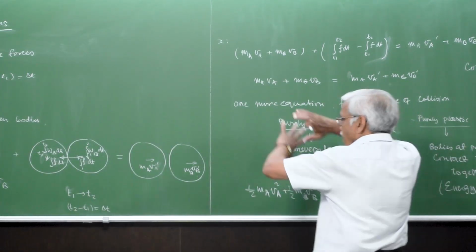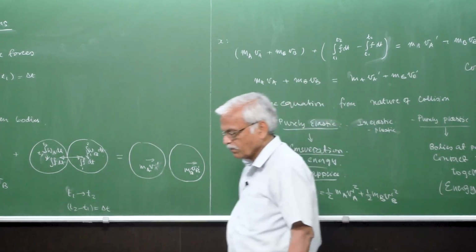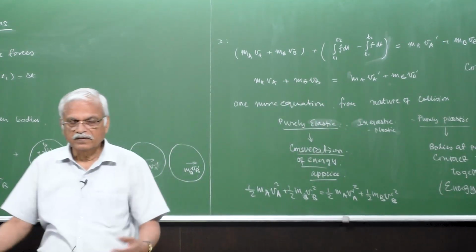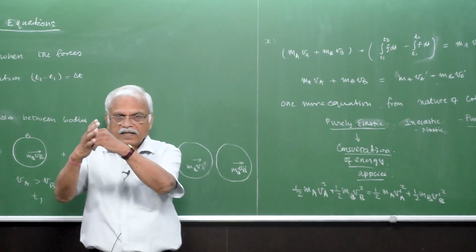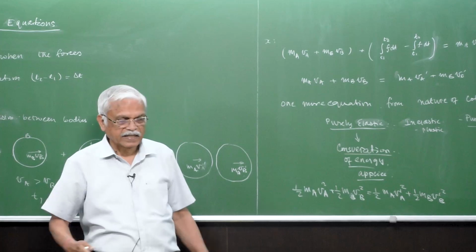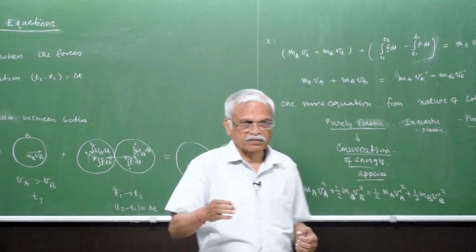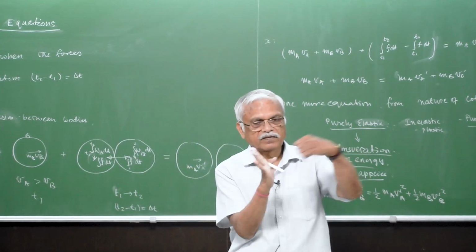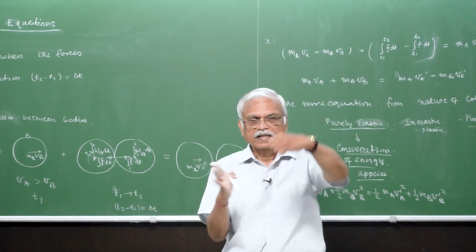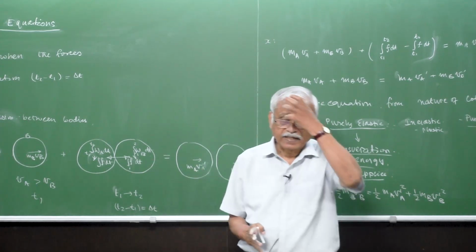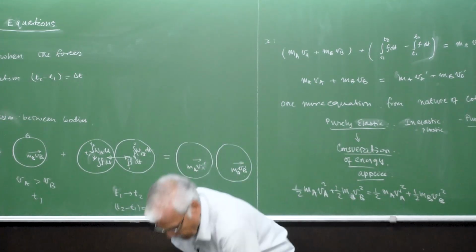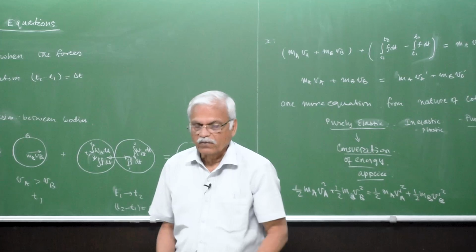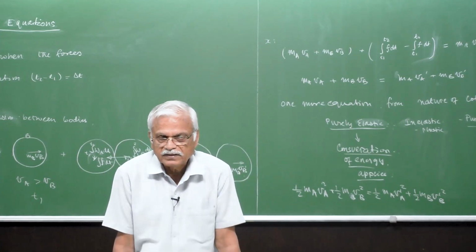Whereas if you have a larger body, not necessarily circular, of some other shape, there's a possibility that once they hit, they may go in some other direction depending upon the shape, or it may also include some kind of rotation. That we will see just now.